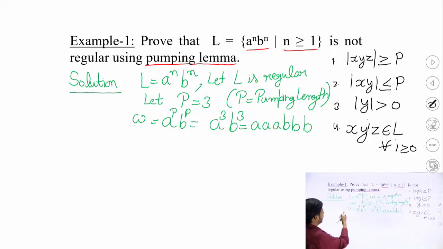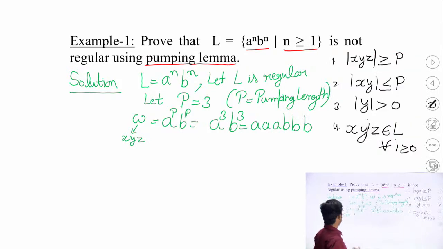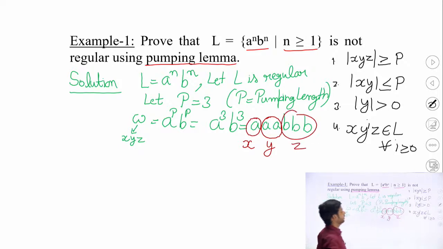Now divide w into three parts, x, y and z, such that this will satisfy these conditions. So let's divide w into three parts. Suppose this part is x, this a is y, and the third part is z. These are the three divisions I divided.